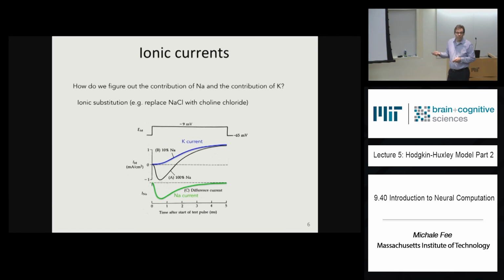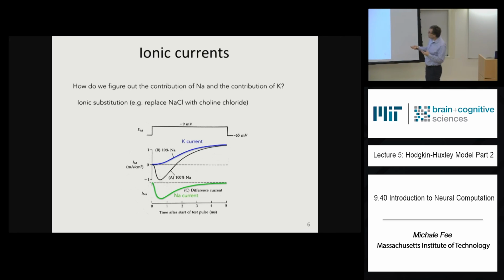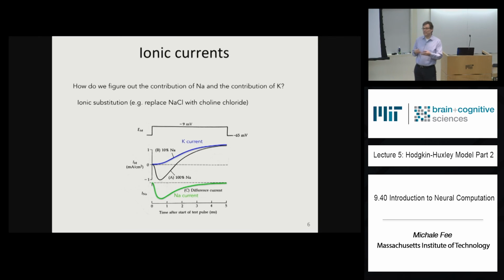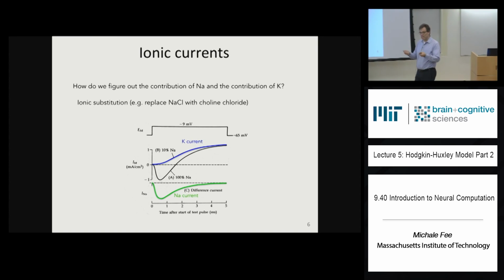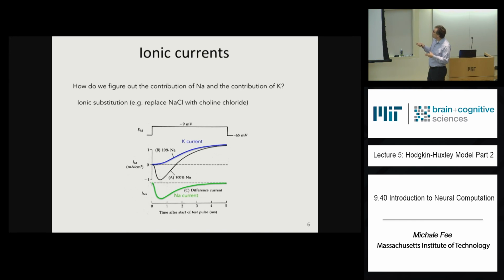Last time we talked about how we can dissect these two phases of the current, the negative phase and the positive phase, into two different ionic conductances. They did that experiment by replacing the sodium in the extracellular solution that the axon was sitting in with a solution that has no sodium in it. They replaced it with choline chloride.